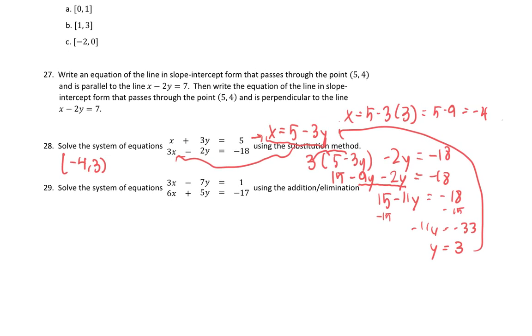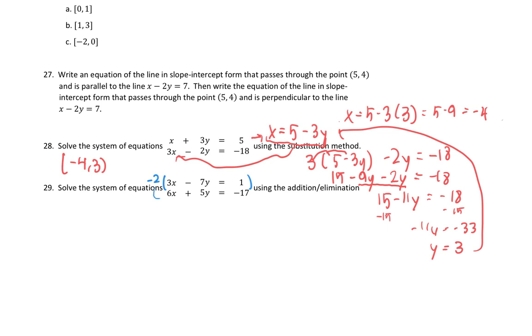Okay, next we're going to solve this system using the elimination method. This is my personal favorite method. So I have these two equations. I'm going to take one equation, multiply it by something, and then add them together so they cancel. So I'm going to multiply this times -2.